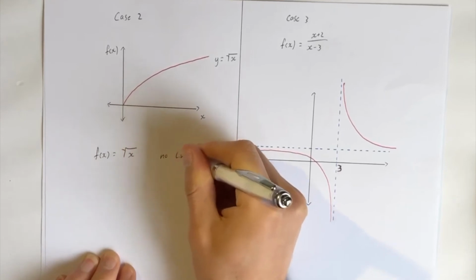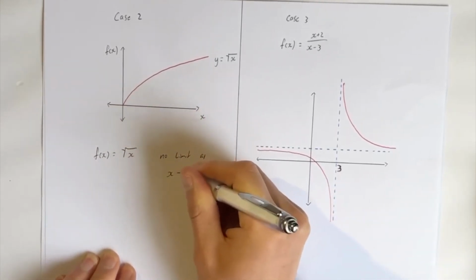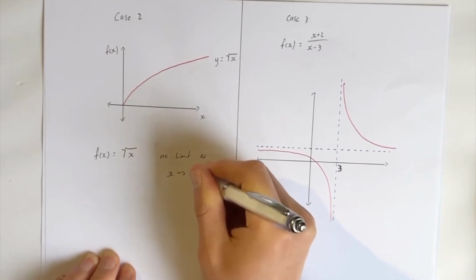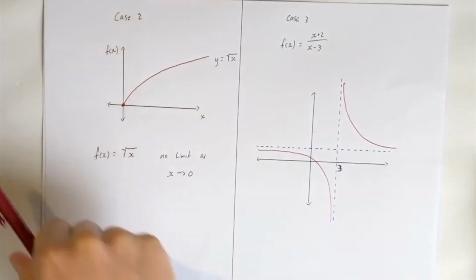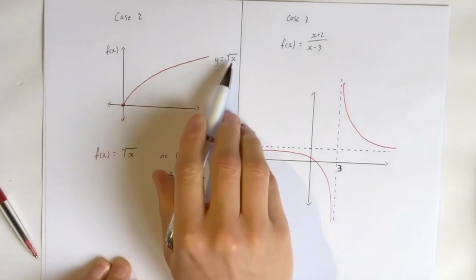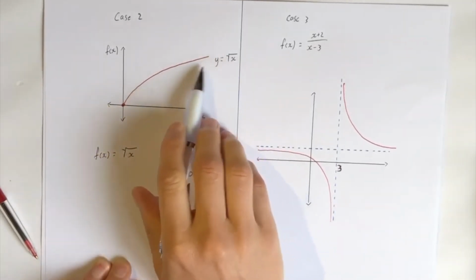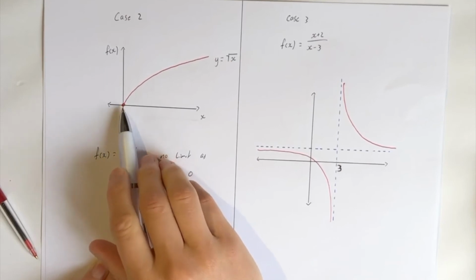In the real numbers, you can't take the square root of a negative. So f of x equals the square root of x has no limit as x approaches 0. And here's an example of having a solid point. This function is defined at 0 because you can take the square root of 0, so we don't draw a hollow circle, we can fill it in.